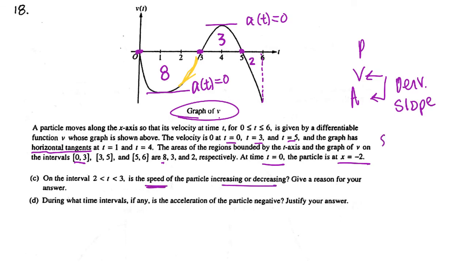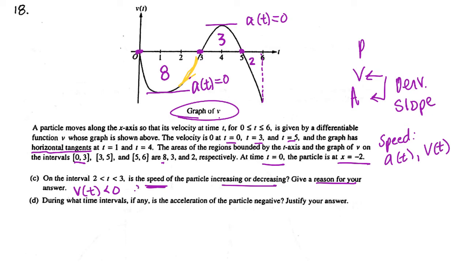So moving down that, we need to know, is speed increasing or decreasing? So I know speed, if it's increasing or decreasing, a at t and v at t, we need to look at their signs. So from 2 to 3, I know v at t, and we're really given our reason right here. v at t is negative. We know that because it's the graph of v at t and it's below the x-axis.